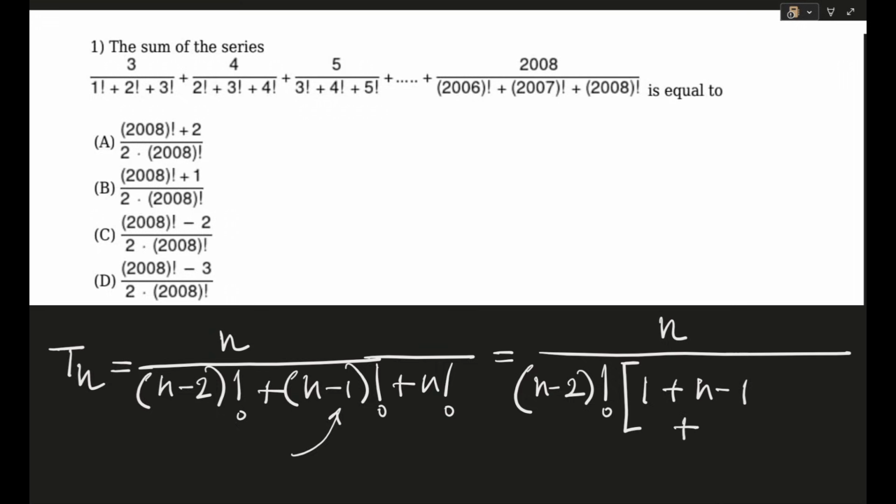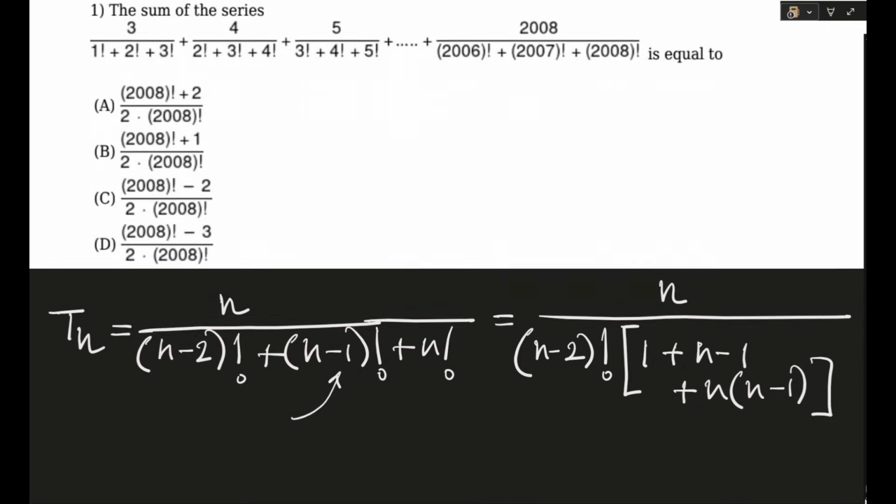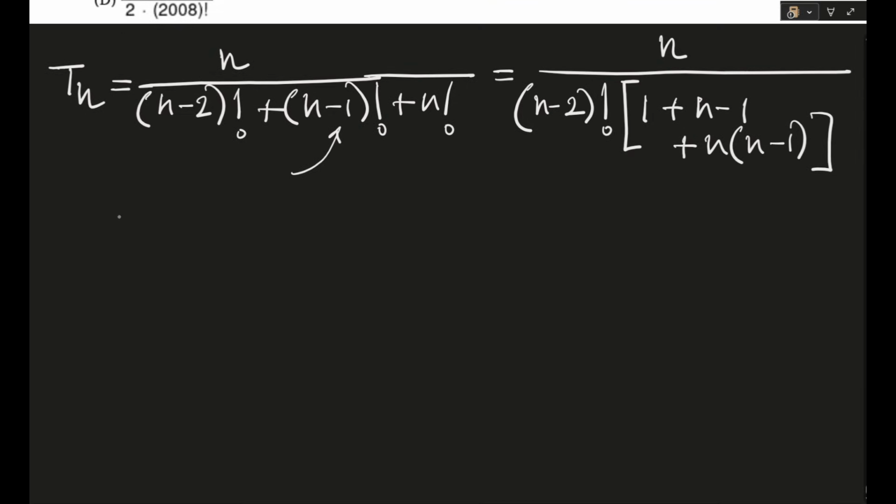In a very similar fashion, n factorial will give n into n minus 1. After this, we will take this thing and simplify. So this will become n by n minus 2 factorial, and here you can see n square minus n plus n will get cancelled, minus 1 plus 1 will get cancelled, so we get n minus 2 factorial times n square.